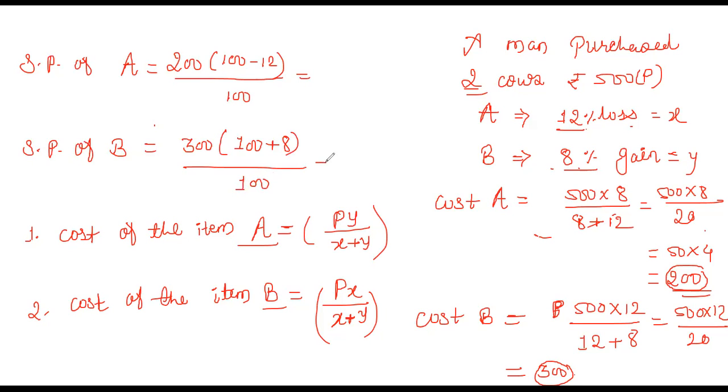So it is divided by 100. Tell me 200 into 100 minus 12 divided by 100 and 300 into 100 plus 8 divided by 100. Calculate it and tell me.